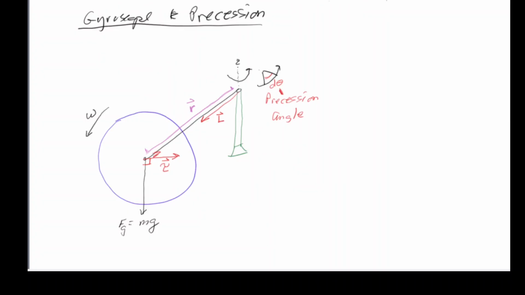Now we're going to discuss a gyroscope and precession, which occurs due to conservation of angular momentum. So in this case, you have a spinning wheel, and as it spins, that will rotate horizontally around a fixed point. And this is called precession.